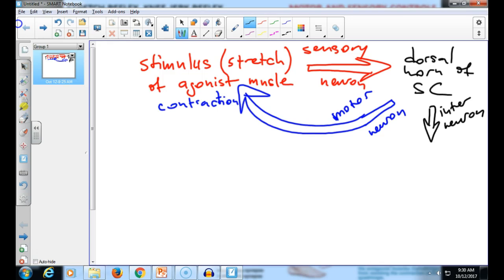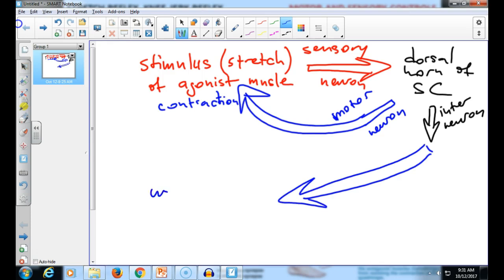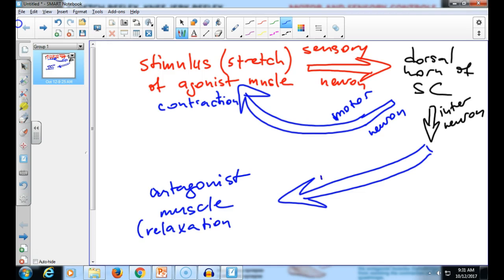And then there's going to be the motor output to what? Antagonist muscle. And what's going to happen to antagonist muscle? Relaxation. Both motor neurons.